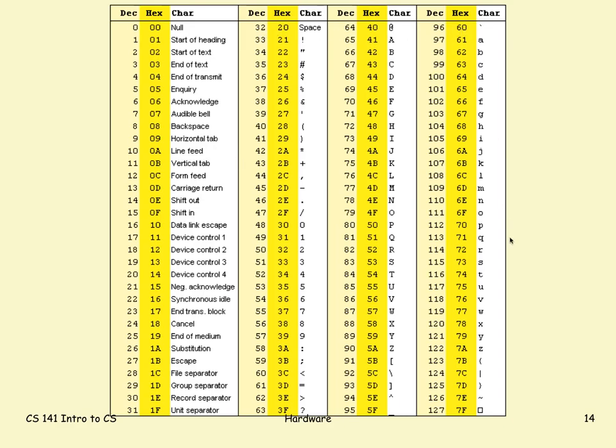The other 96 characters are what are known as the printable ASCII characters, and they contain a bunch of punctuation, the number digits, and the Roman alphabet, upper and lower case. And this is what pretty much every computer still recognizes. Every computer will still recognize the ASCII character set.